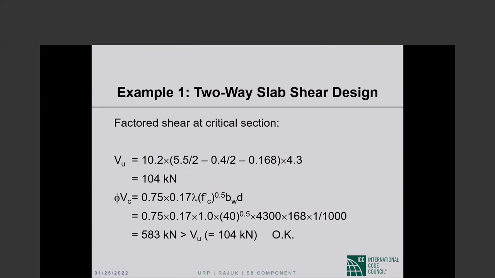That is half the panel length. So half the panel length is 5.5 meters divided by 2, minus half the column dimension, 0.4 divided by 2, minus 0.168.